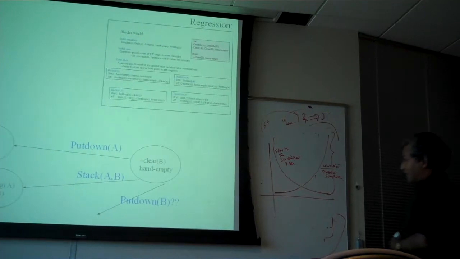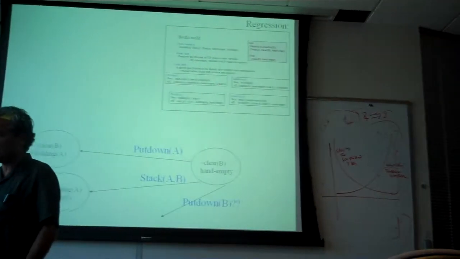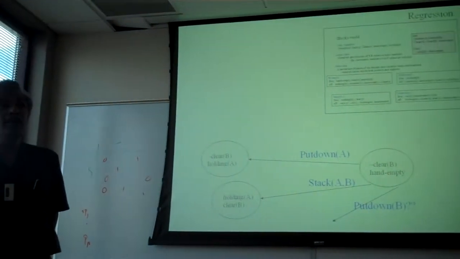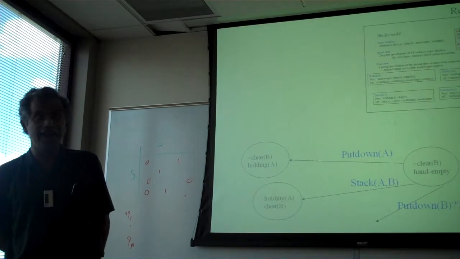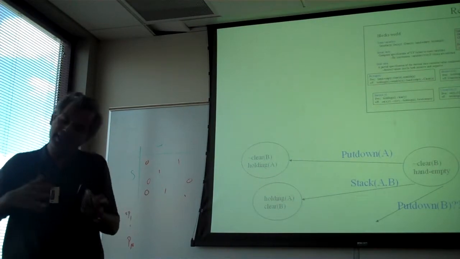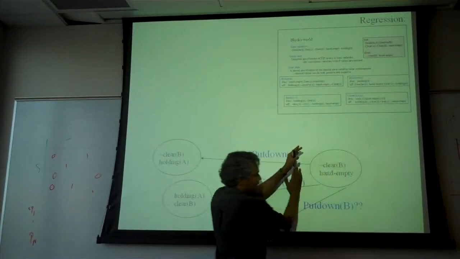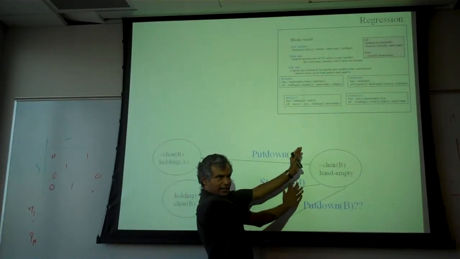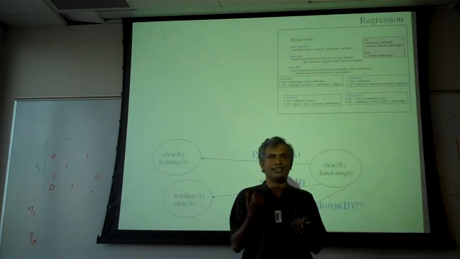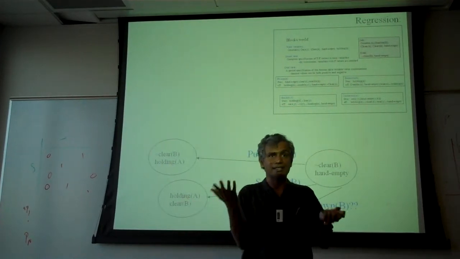Now for the regression, that's the other interesting thing, which is to start from the goal state and see if you can reach a place where the initial state is already holding. Suppose you're incredibly lucky, then this partial assignment already holds in the current initial state. In which case you say, I'm done. A null plan solves this problem.